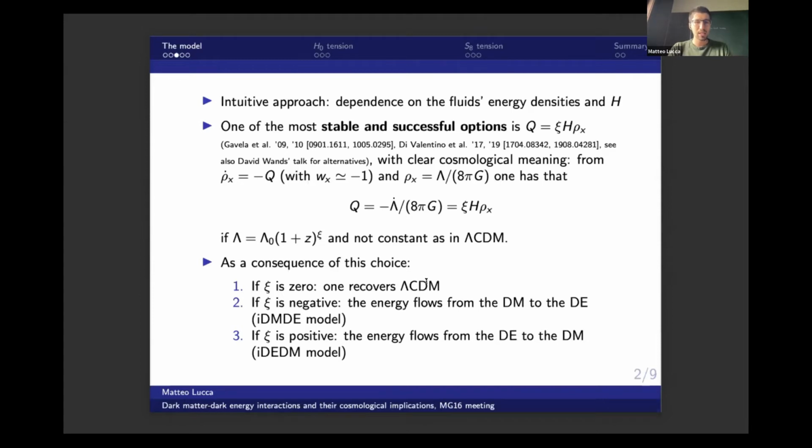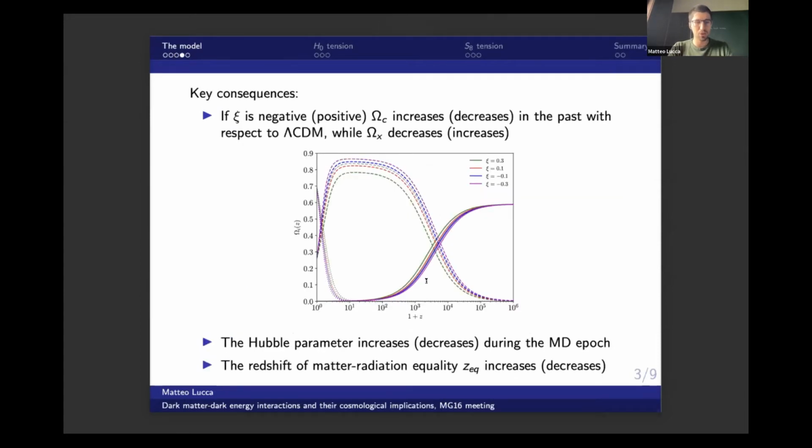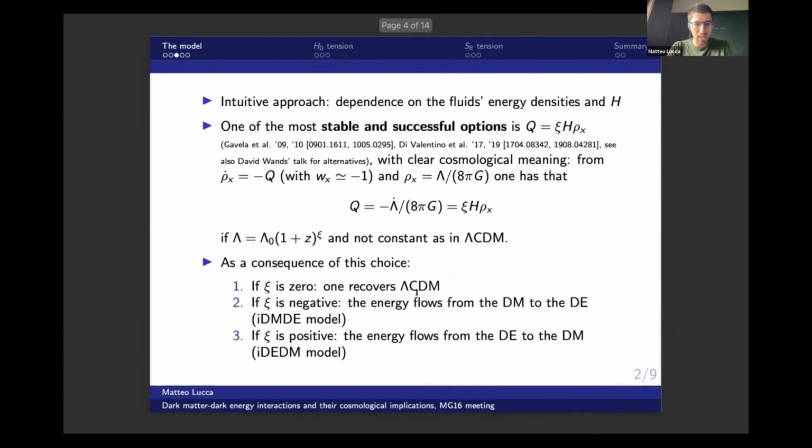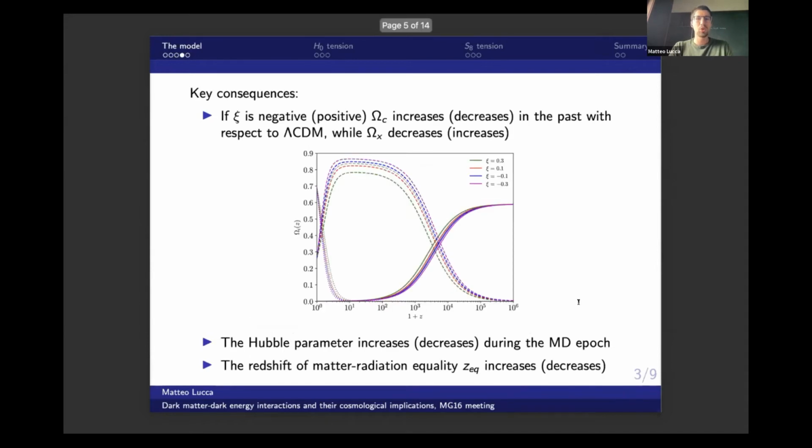Now, that said, let's try to understand some key features of the model at the cosmological level. In particular, when Xi is negative, the energy flows from the dark matter to the dark energy. So you expect more dark matter in the past with respect to lambda CDM. If you fix the energy densities today, you need to have more dark matter in the past because of the flow it has towards dark energy.